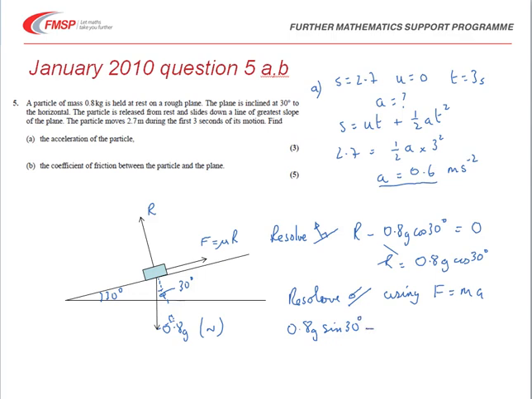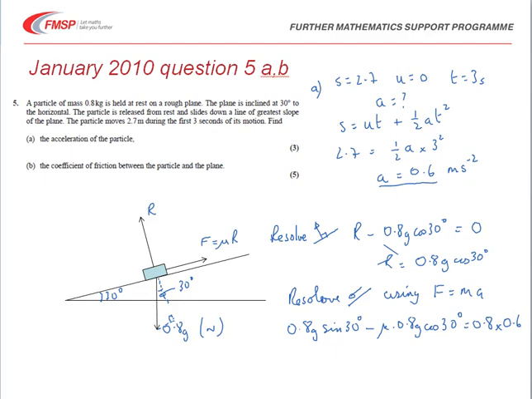Up the plane is F, which is mu R, so mu multiplied by R that we've found as 0.8 g cosine 30 degrees, and that must be equal to the mass 0.8 multiplied by the acceleration that we found in the first part of the question, 0.6.